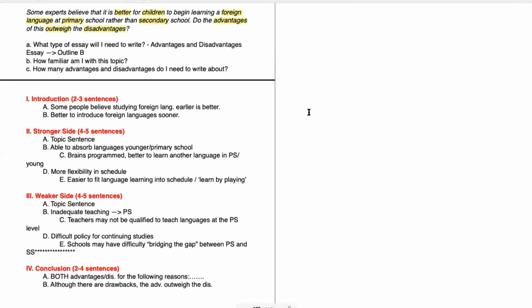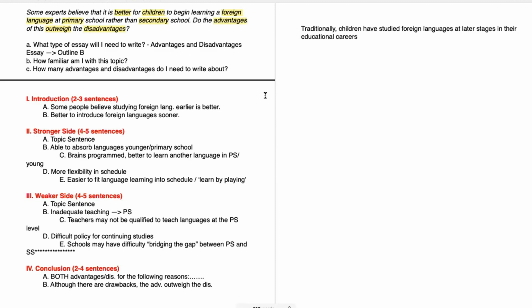All right, so I'm going to start and I'll say something like, traditionally, children have studied foreign languages at later stages in their educational careers. Now, this is not necessarily included in the passage or in the writing prompt, but it's something that I am familiar with, and it's something I'm going to use to introduce the topic.